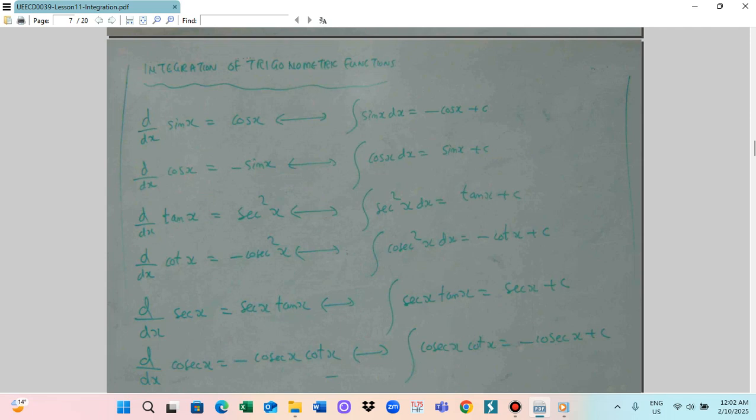Okay, another one is that you differentiate the secant A. d by dx of secant A is equal to secant A tangent A. This is opposite.